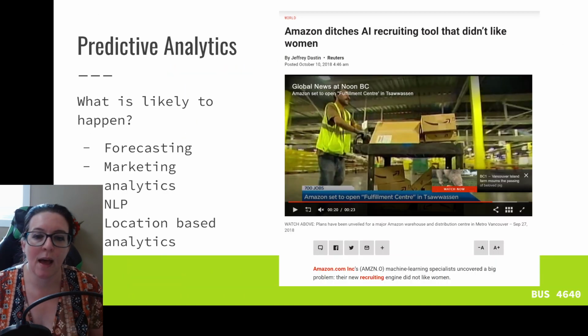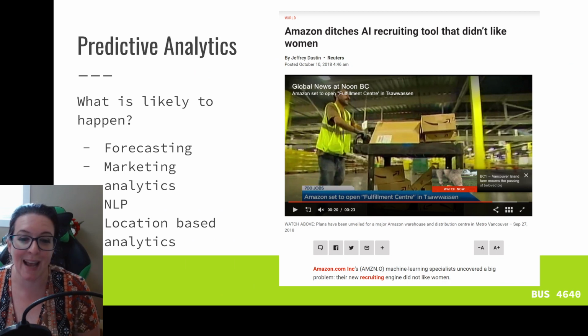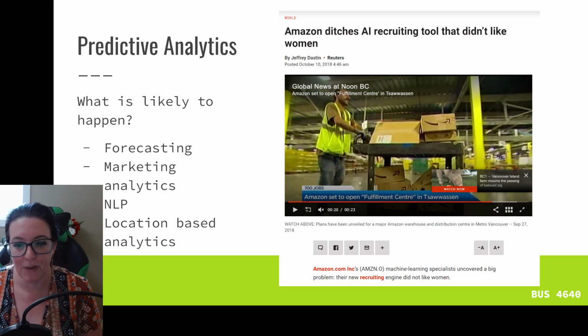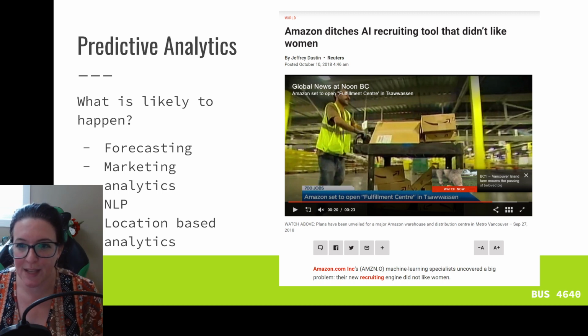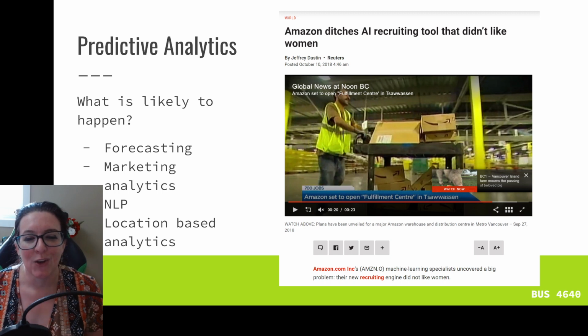Other things we can look at besides forecasting and marketing analytics is we can use that natural language processing to look at and forecast. We can look at sentiment. We can forecast in terms of what people are saying about us. And we can use that to help us look at, for example, who is going to be a good employee.